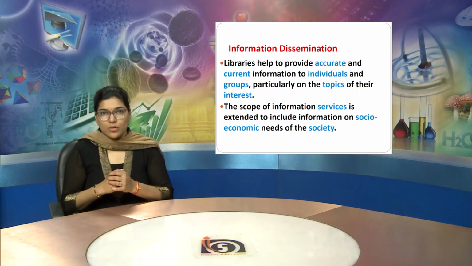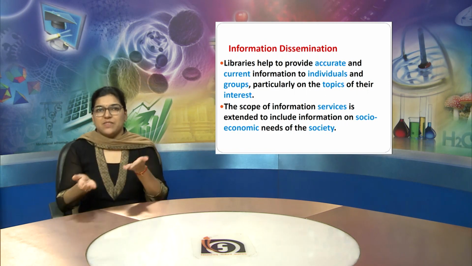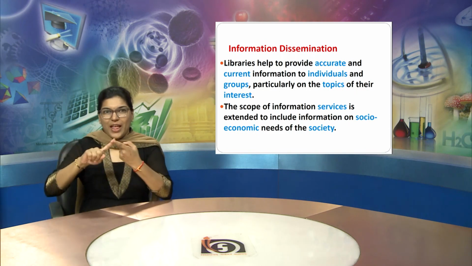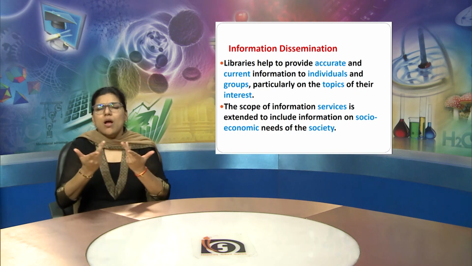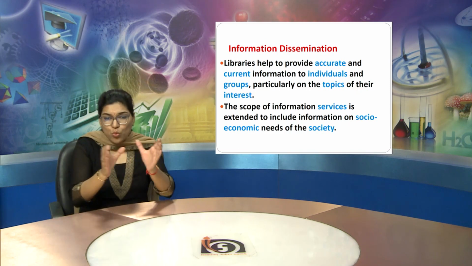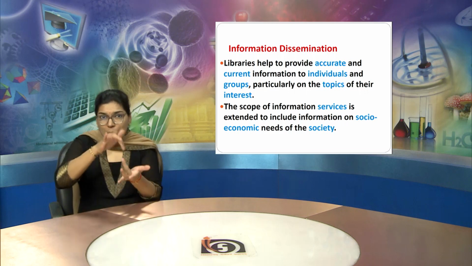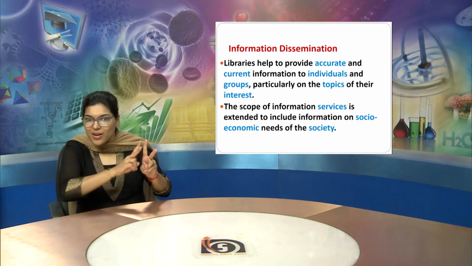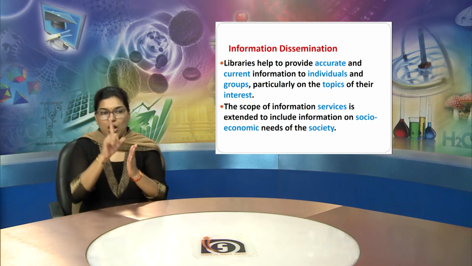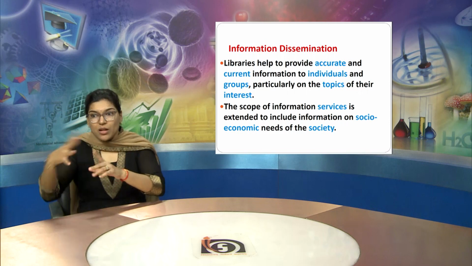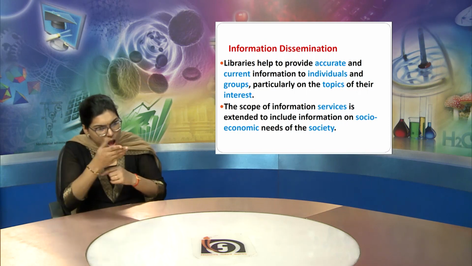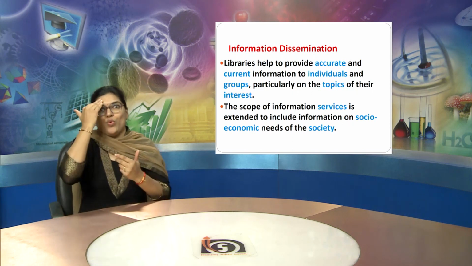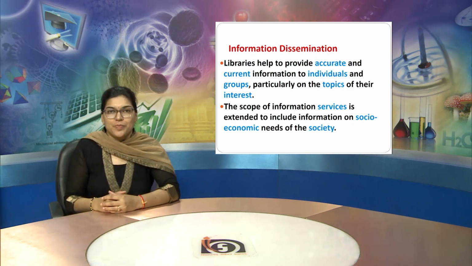And this second point explains that the scope of information services is extended to include information on the socio-economic needs of the society. So this is also one of the important functions of library, to provide the necessary information to the needy community or which is appropriate to the community. So that information must be passed to them.